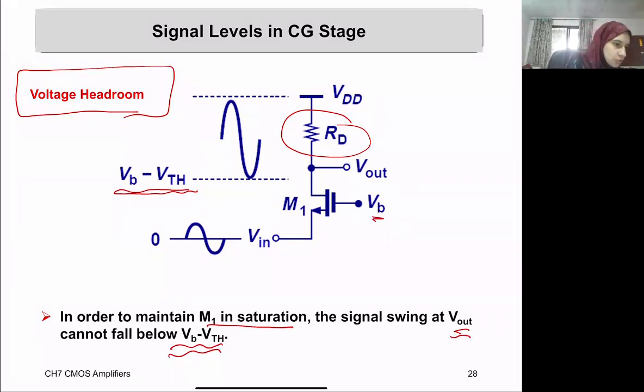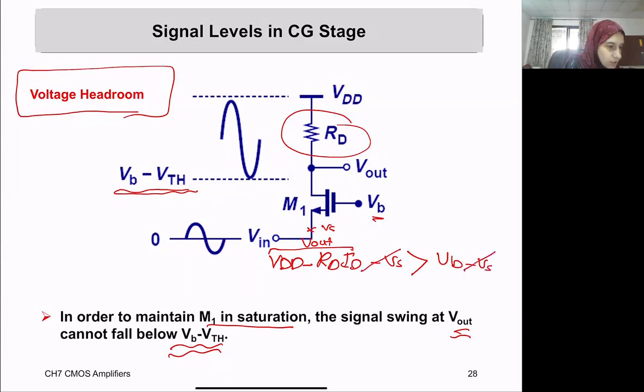We need to make sure that VDD minus RD times ID, which is Vout, minus Vs, where Vs equals Vin, should be greater than Vb minus Vs. Vs cancels with Vs, and therefore Vb minus V threshold should always be less than V out.